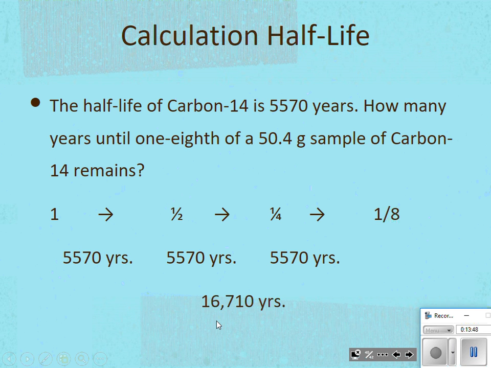Now, like I said, this is just the half-life of carbon-14. You saw there are many different things. If we would have taken lithium-8, which was 0.84, we're going to have 0.84, 0.84, and 0.84 seconds. So it's going to get to that 1/8 fairly quickly. Whereas this carbon takes almost 17,000 years.